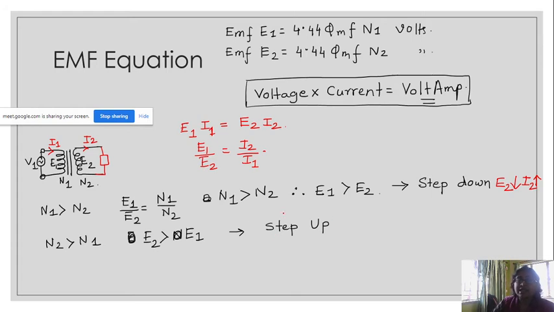Similarly, in a step up transformer, the voltage in the secondary side rises but the current in the secondary side drops. Because in transformer operation, the volt ampere must be constant. Any problem up to this point?